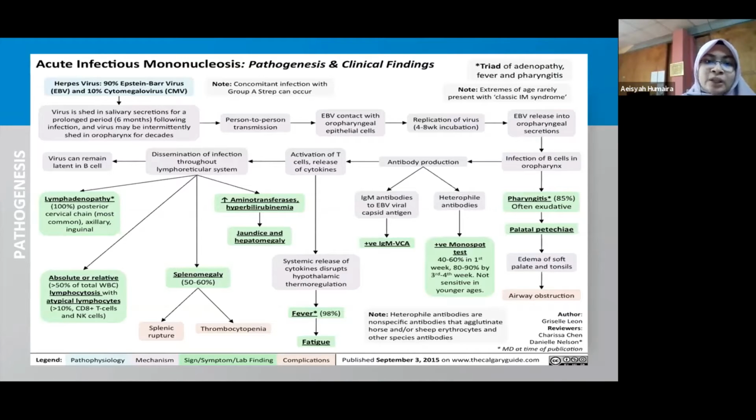Then the infection will disseminate through the lympho-reticular system, which is responsible for the lymphadenopathy and splenomegaly manifestations. And then the virus can remain latent in the B cells.